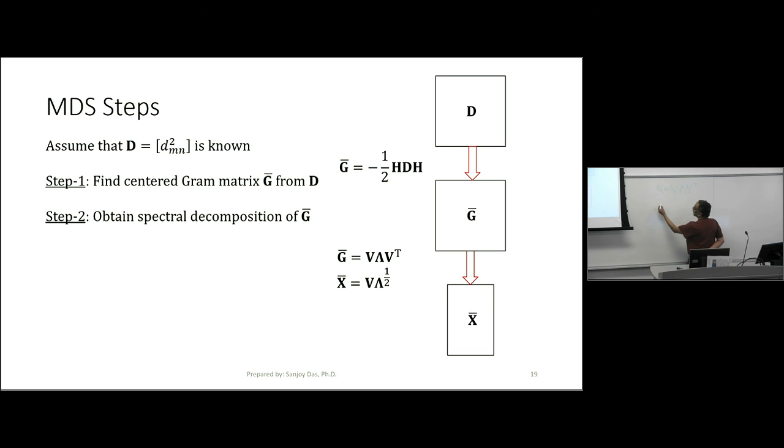And then we know that G bar actually is equal to X bar X bar transpose, right? Now, what I'm claiming is that X bar is equal to V times square root of lambda.